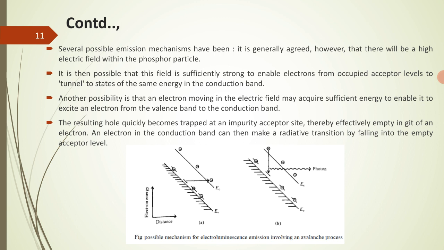The final result is that it becomes quickly trapped at an impurity acceptor site, thereby effectively emptying it of an electron. The electron in the conduction band then makes a radiative transition by falling into the empty acceptor level.